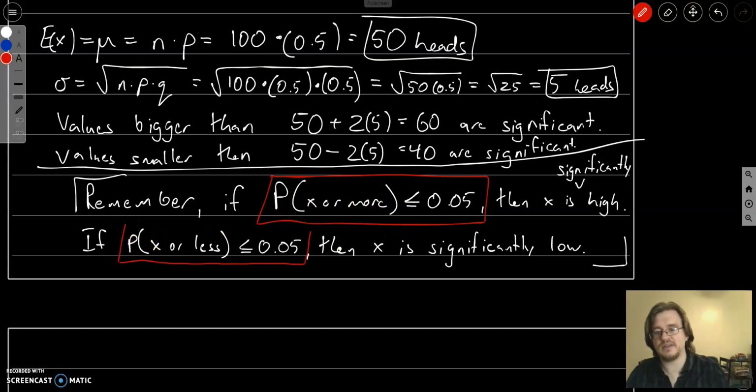If the probability of getting X or fewer successes was less than 5%, then X itself would be significantly low. So there are 2 ways of determining significance. Either you look at it in terms of standard deviations, or you look at it in terms of probabilities being less than 5%.